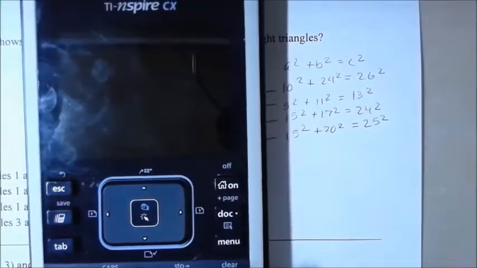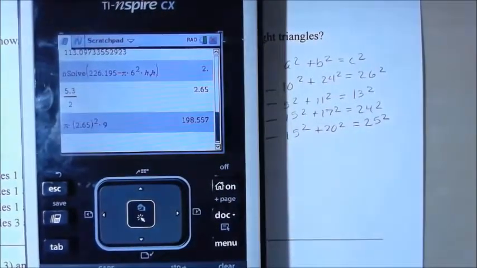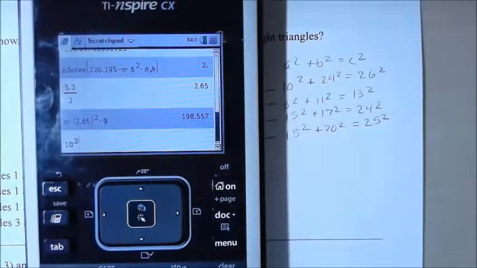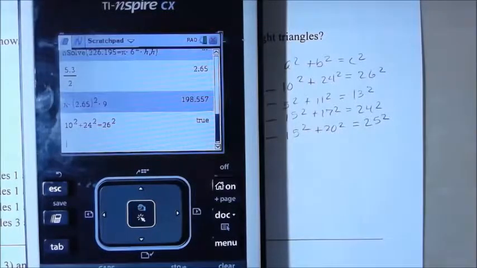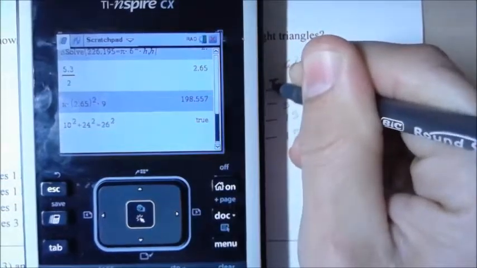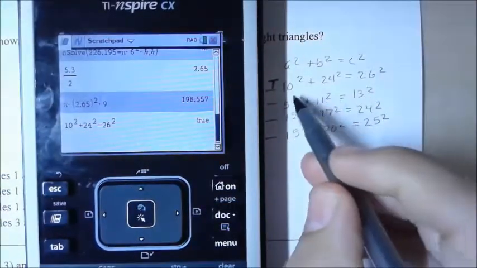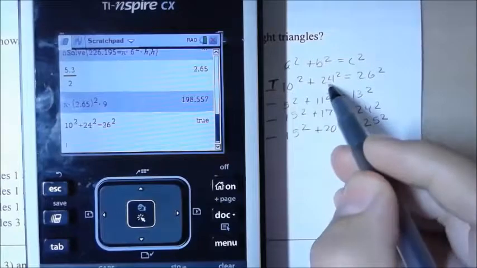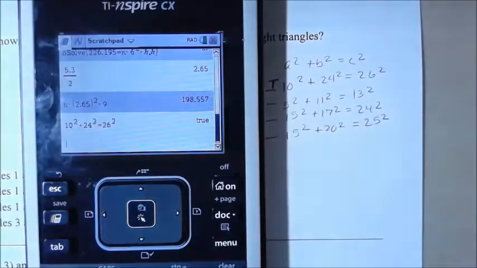So let's go ahead and put in the first one real quick. So what we should have done is we said, okay, 10 squared plus 24 squared is equal to 26 squared. And it says that's true. So this first triangle right here is going to be true. So triangle 1 is a right triangle because 10 squared plus 24 squared is equal to 26 squared.